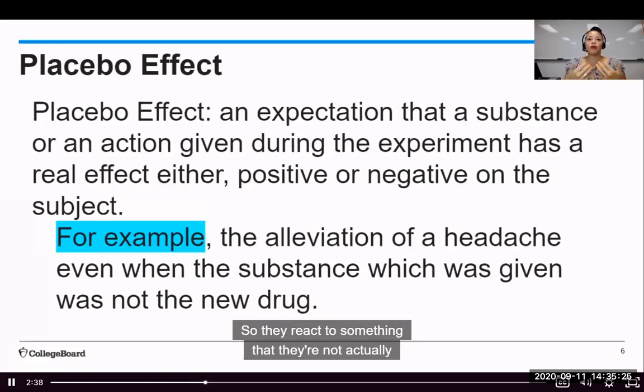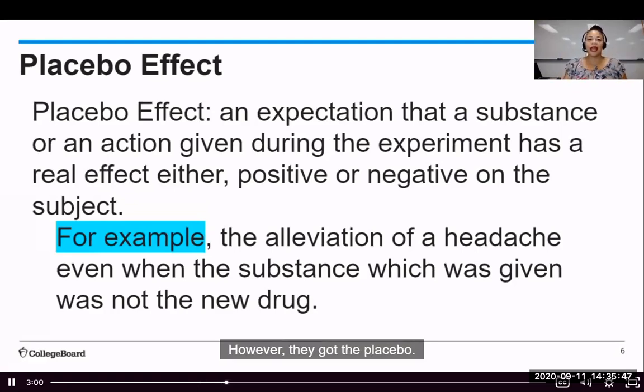So they react to something that they're not actually being given. So someone is trying a new medicine to alleviate headaches, and they are given a substance. They believe that this is a substance that's going to help with their headaches. And so all of a sudden, poof, headaches are gone. However, they got the placebo.